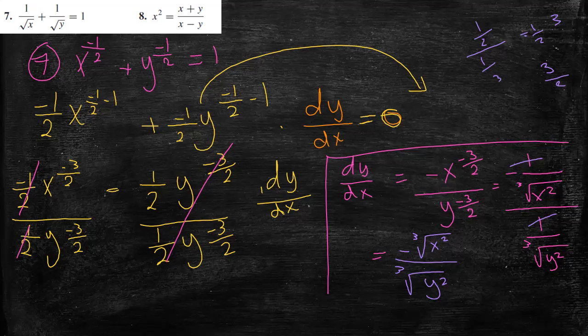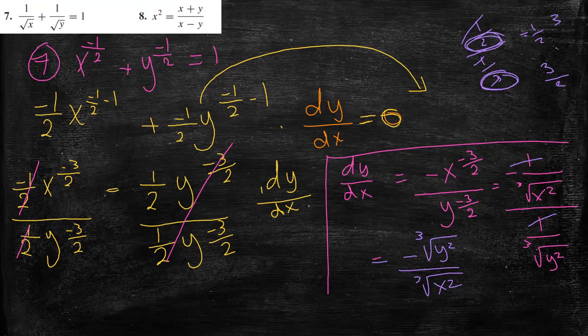So here, I'm sorry, here it has to be negative cubic root of y squared over cubic root of x squared. Because if you divide half by third, it's like half times the reciprocal of third, which is 3, so it's 3 over 2. That means y over x.